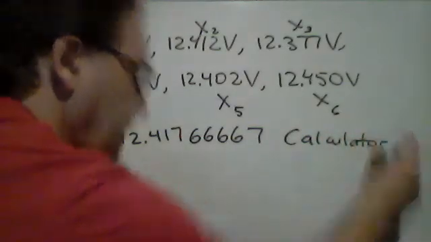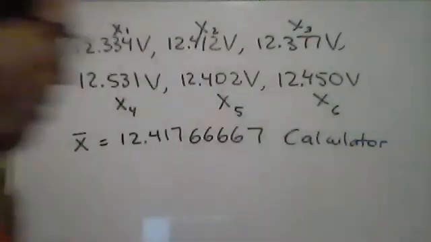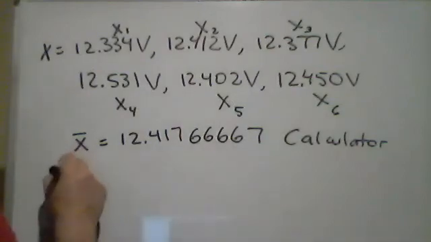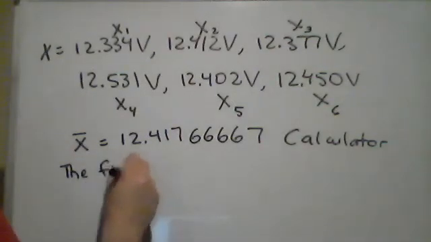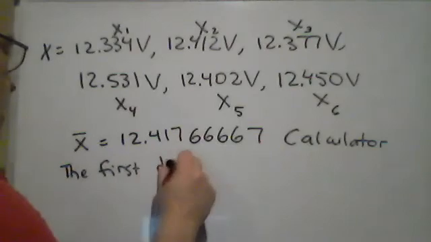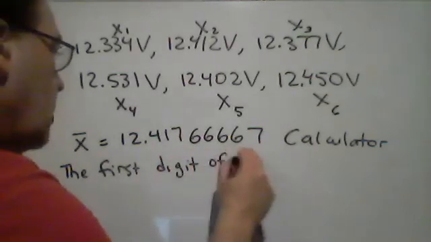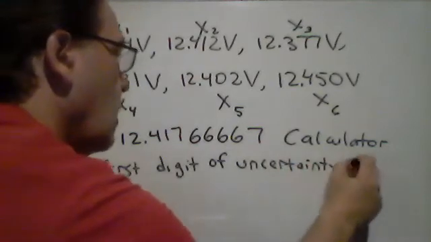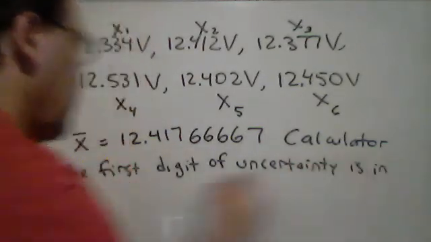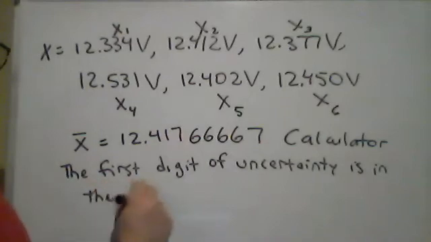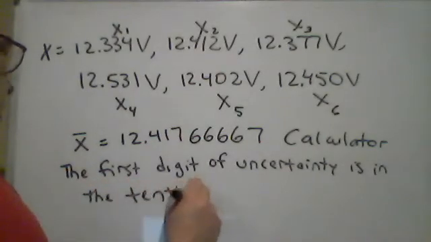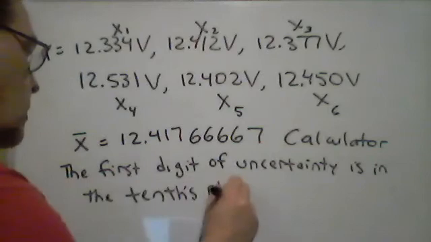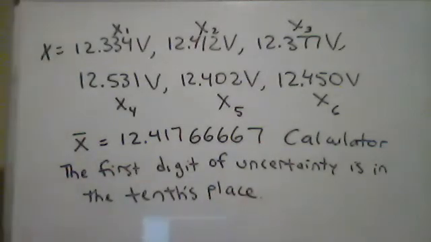But if I look at the data, I know that the first digit of uncertainty is in the tenths place, tenths with a TH. So that's as good as my data is.